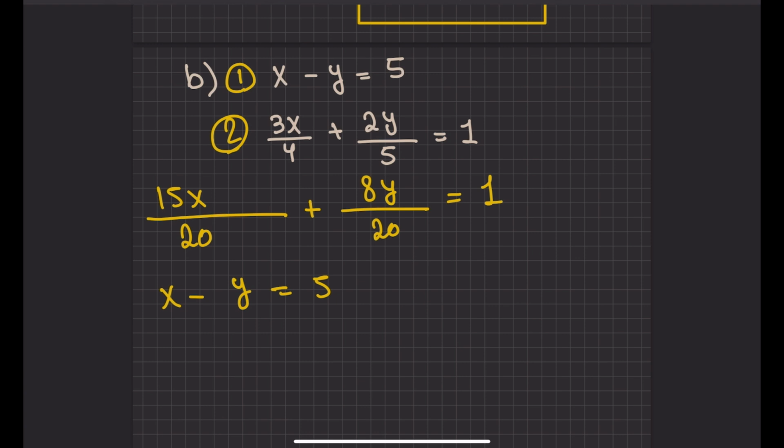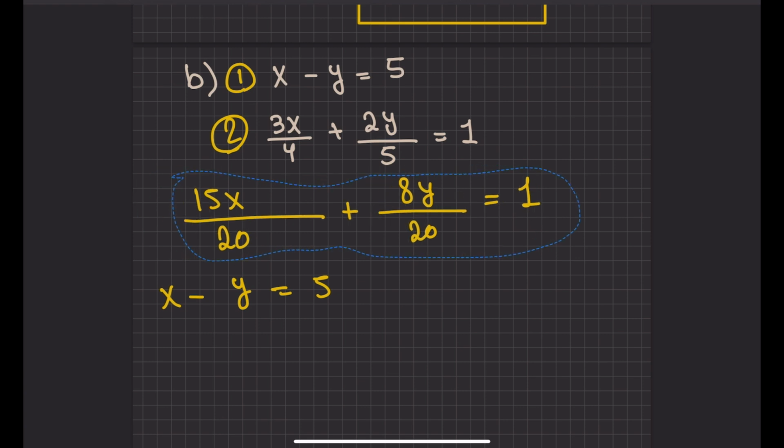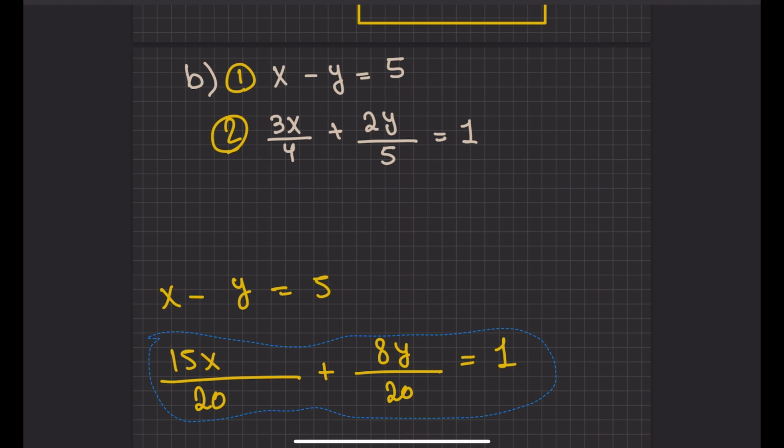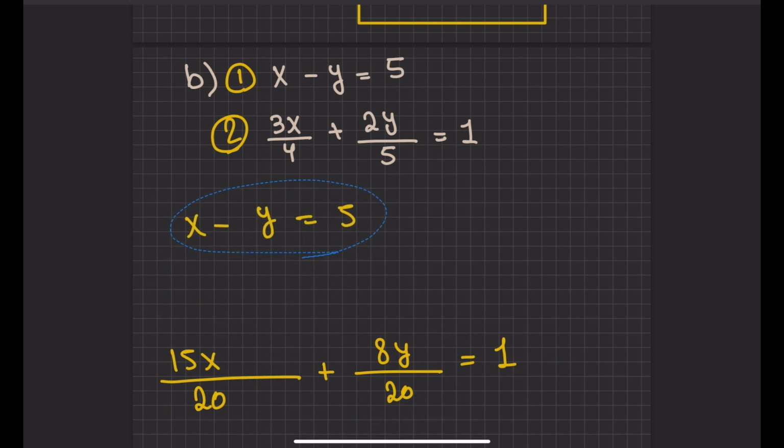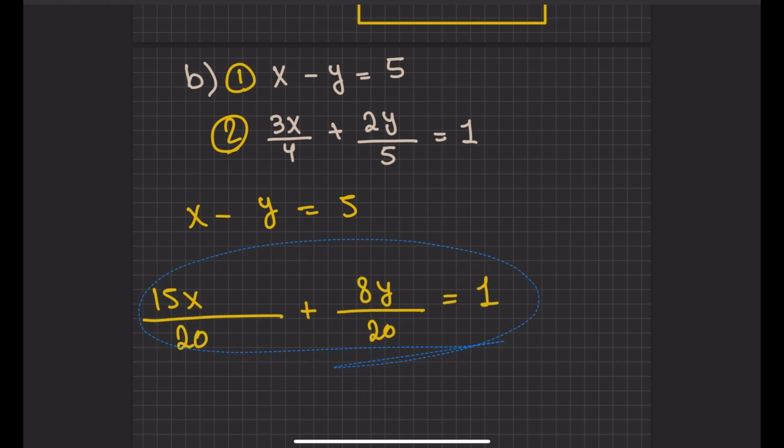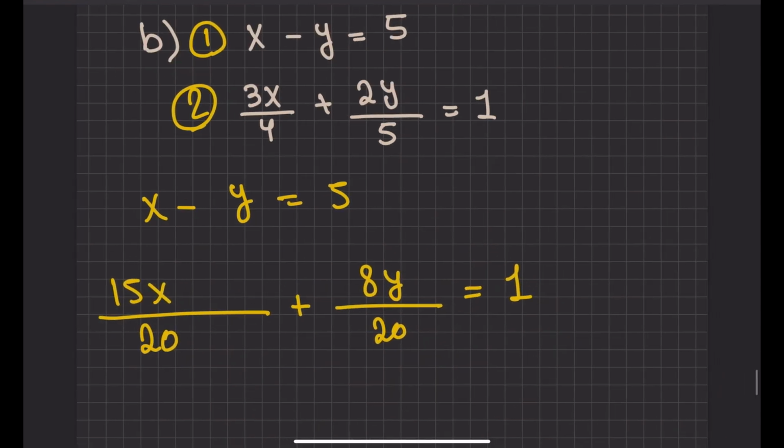So let me put it this way to not get confused. Okay, so this is our first and this is our second equation.